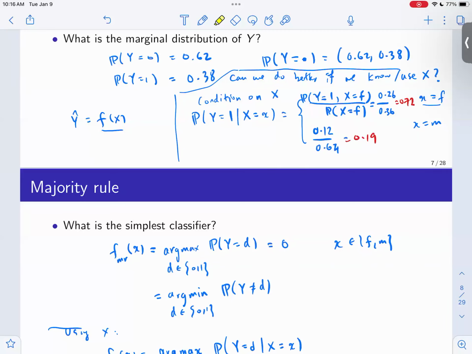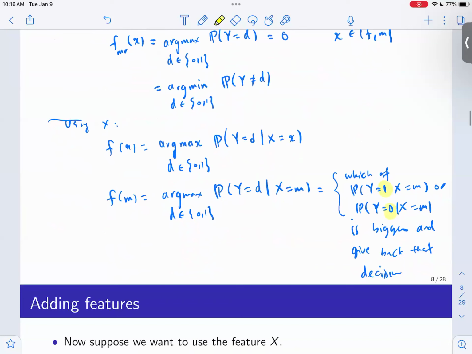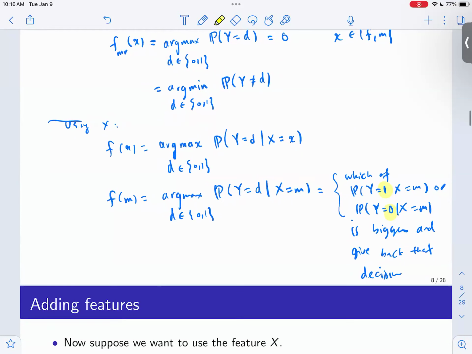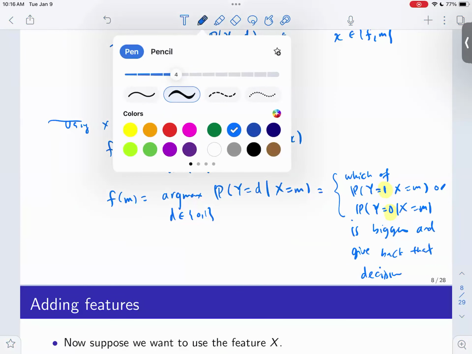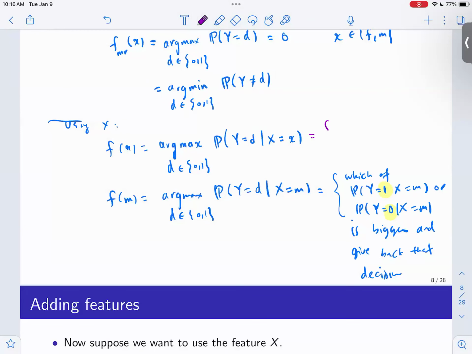And you can see the classifier in this case is more interesting because it did indeed depend on the value of X. So if X is female, we predict that they survive. If X is male, we predict that they do not survive. A more nuanced classifier, rather than predicting that everyone survives.